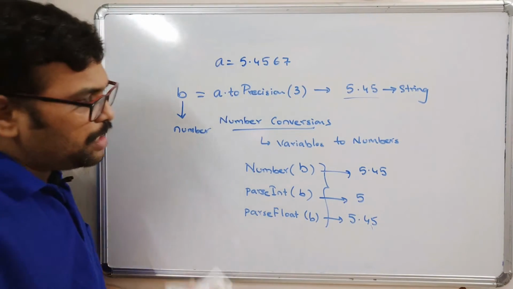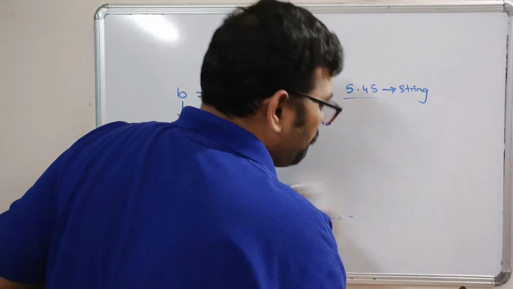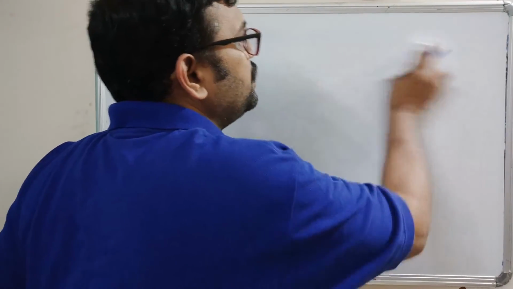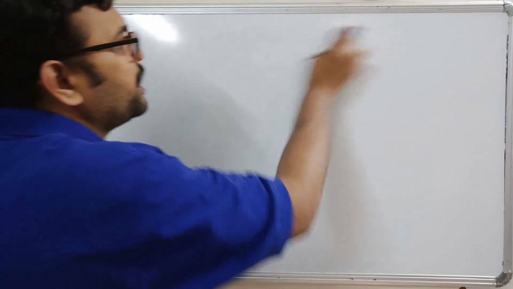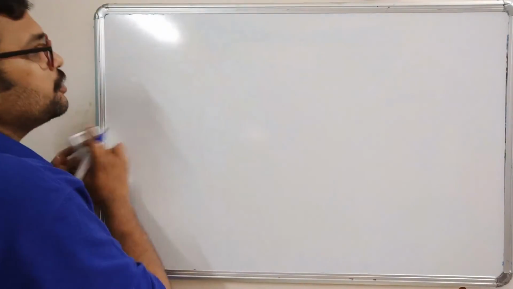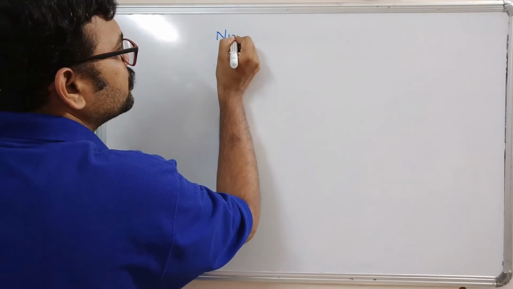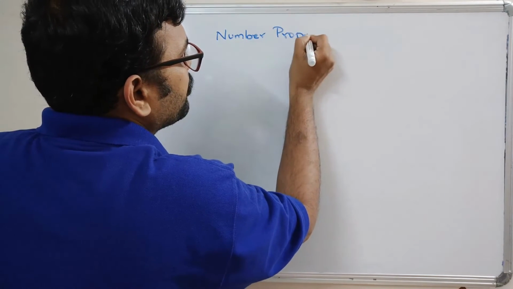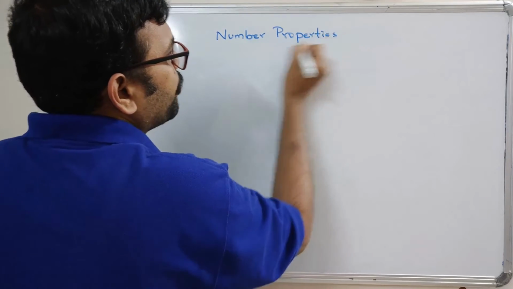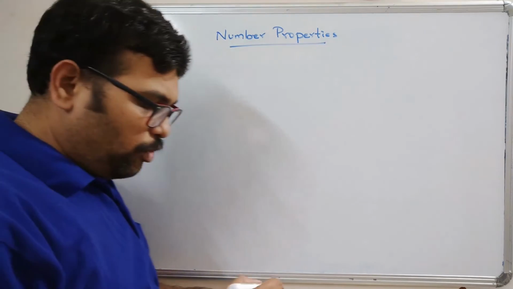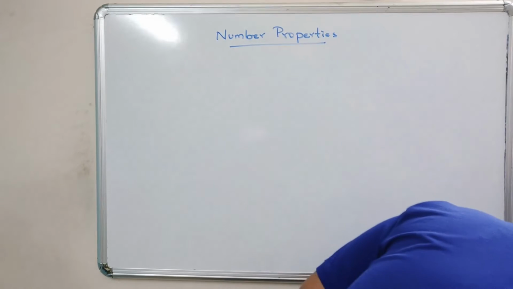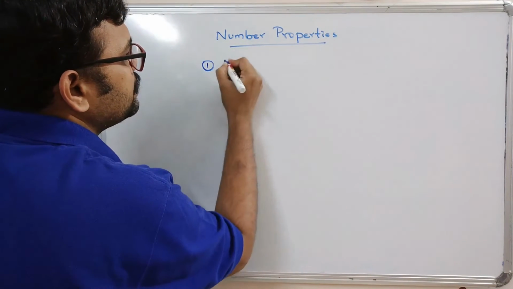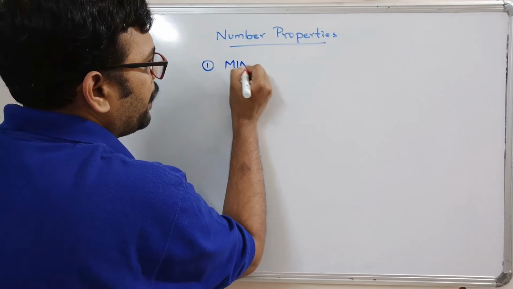And apart from these conversions, there are also some number properties. For variables we can't apply these properties, only for numbers we can apply the properties. So there are different properties, those are called number properties. This can be applied only for numbers. The first one is MIN_VALUE, in capital letters.